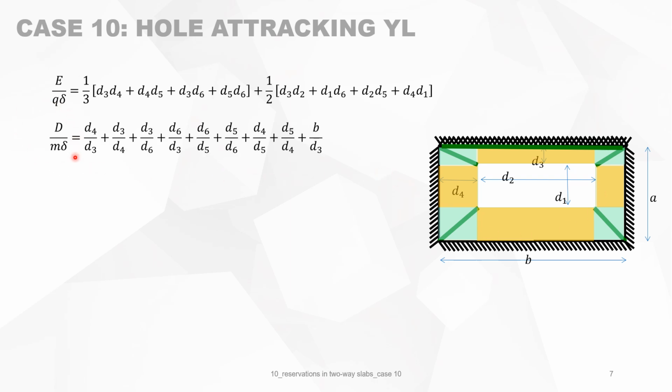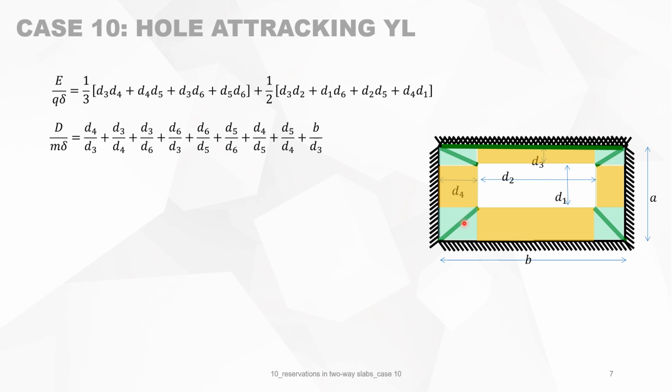Then the work done by the internal forces, it's also straightforward. You have the yield line. You make a projection to the axis of rotation. So you have D4, and the rotation is delta over D3. So now you can do it for each yield line.